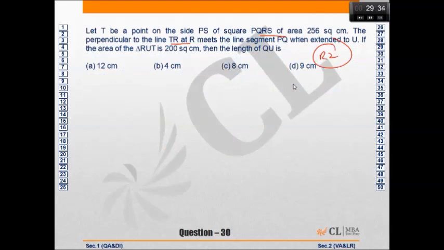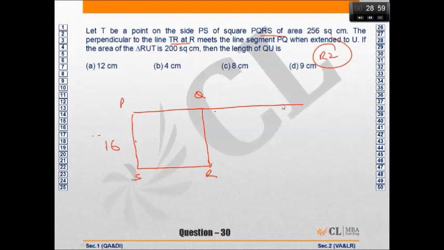Okay. Let T be a point on side PS of square PQRS of area 256. If the area is 256, that means each side is equal to 16. T is any point out here. If the perpendicular to line TR at R meets line segment PQ extended at U. So PQ is extended.